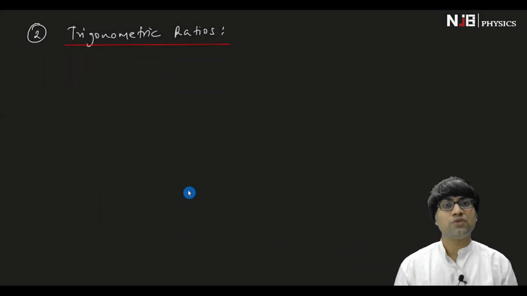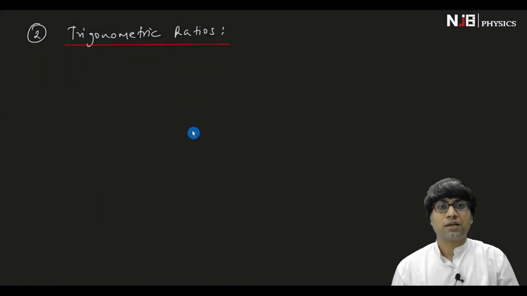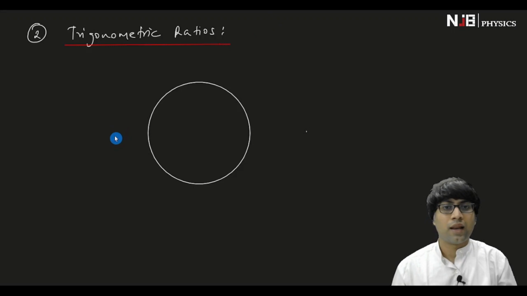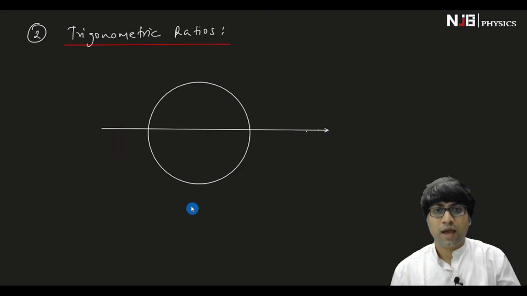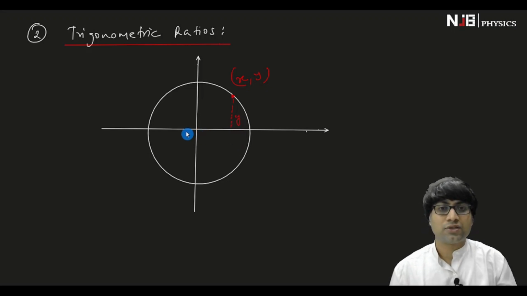Now the next topic would be trigonometric ratios. Consider a circle like this, and this is the x-axis and this is the y-axis. Let us analyze any point on this circle whose coordinates are x, y. That means this vertical distance from the x-axis is going to be equal to y, and its horizontal distance from the y-axis, basically this distance, is going to be equal to x.